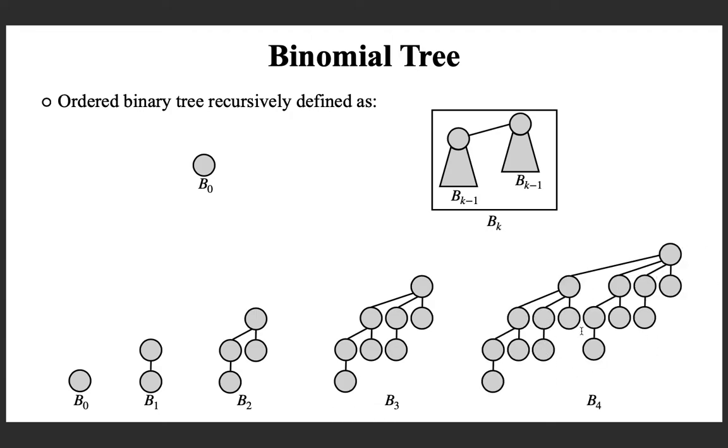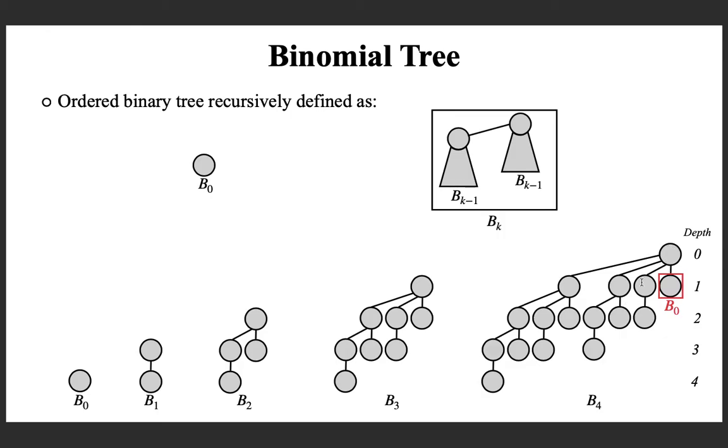And if you look at B4, you can observe some properties. If you look at the depth, this is the root node at depth 0. The number of edges to be traversed from the root to root is 0. Here it is 1, 2, 3 and 4. So you can see that for B4 the height is 4, and also you can see that in B4 you have B0 as the rightmost child of the root node.